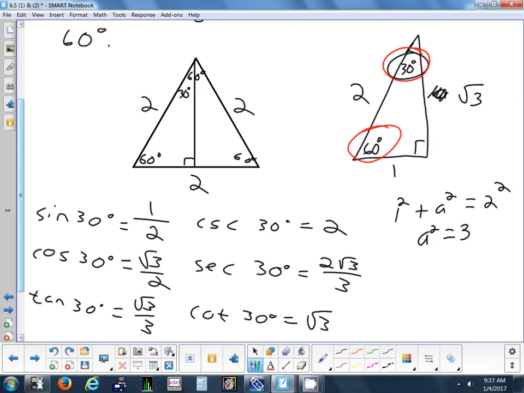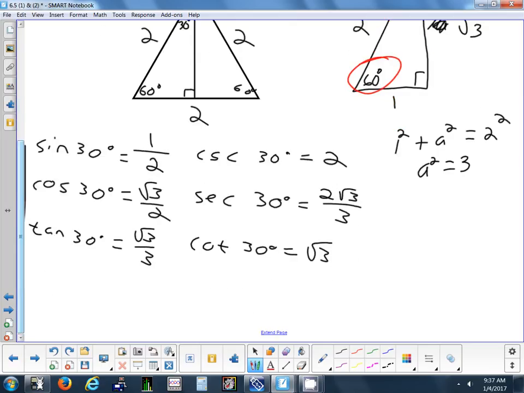Why? What's causing that to happen? The corner of the angle is in these switch, causing the opposite to become the adjacent, and the hypotenuse stays the hypotenuse. Yes, the opposite and the adjacent are going to switch places if you switch where you're standing. So you're going to get all the same answers again. They're just going to be in different spots. All these 6 answers are going to move around.